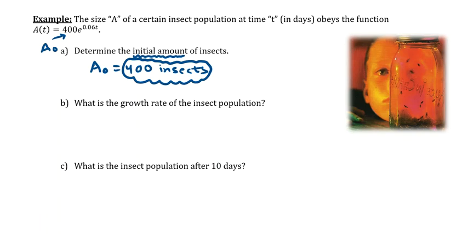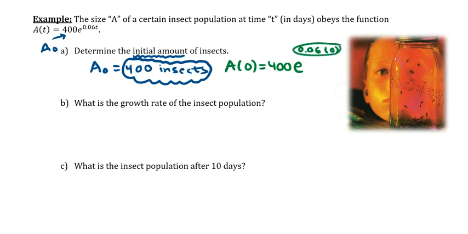So you can get that value just by comparing your particular exponential law function with the generic version of the exponential law. Another way of doing this is to simply plug 0 into your provided function, in which case you'd have A of 0 equaling 400 e to the 0.06 times 0.